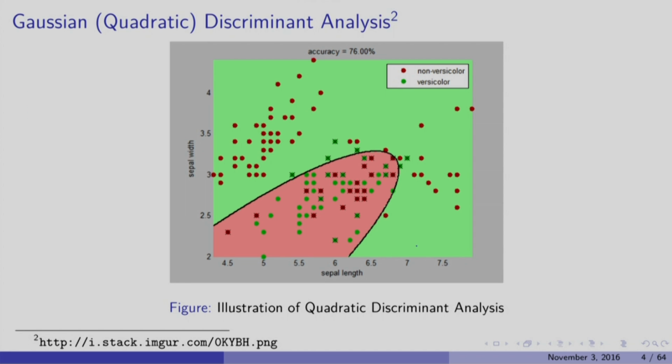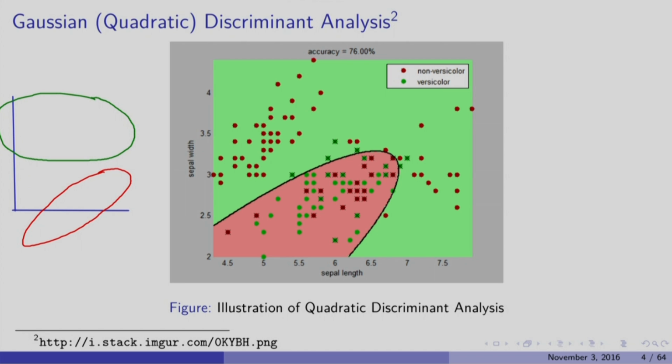Here's how the model would look like. So let's say the ellipsoid for the positive class look like this, and that for the negative class with the 99 percentile area look like this. What we expect is the separating surface to be pushed away from the green ellipsoid and pushed towards the red ellipsoid.